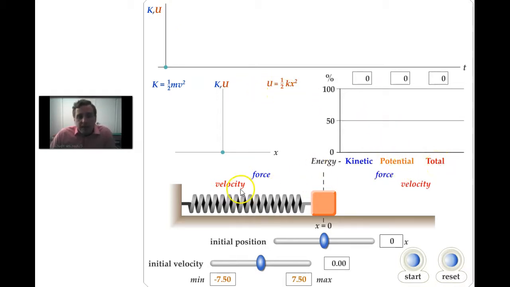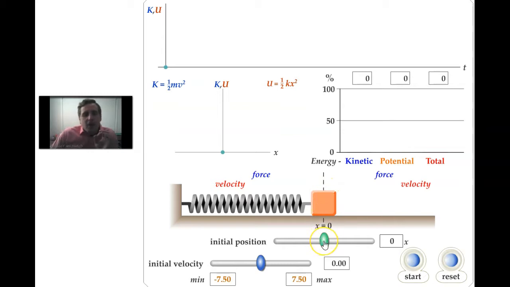Now, by the way, down here the force will be in blue and the velocity will be in red, and we'll be able to set the initial position and the initial velocity of this mass, which is on a horizontal frictionless table where x is positive to the right, negative to the left. And we're going to plot K and U here as a function of time. Here we're going to plot them as a function of x. And then here we're going to plot them as a bar graph, which can change in time.